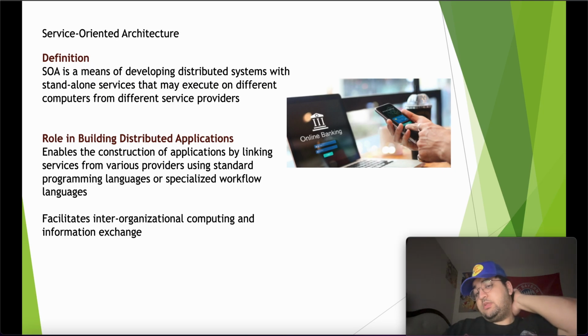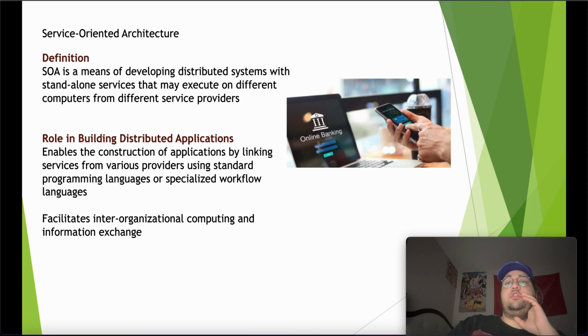So service oriented architecture is crucial in building distributed applications, and it provides a flexible and scalable framework. Basically, it's the framework that allows different services that may even be distributed across various locations to work together seamlessly to achieve complex business functionalities.